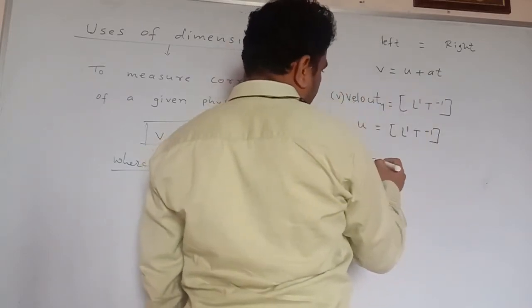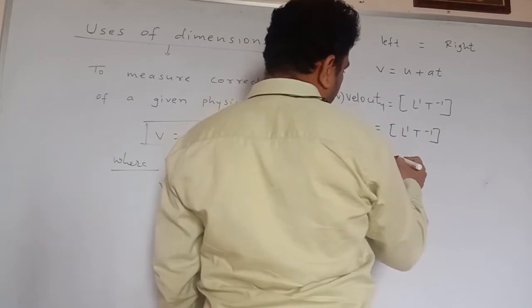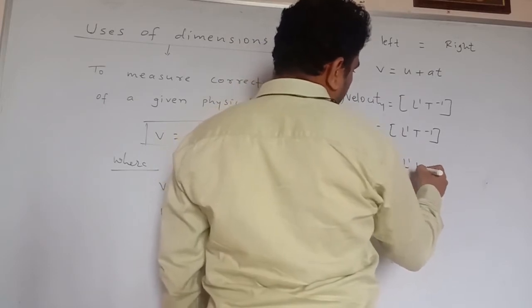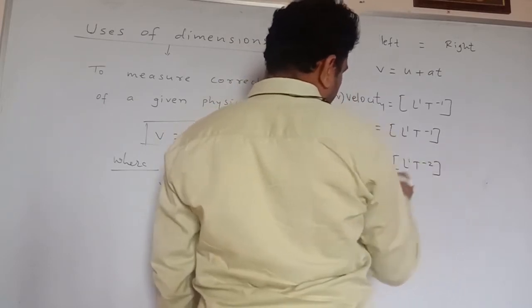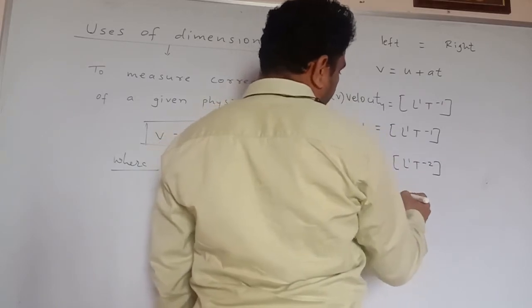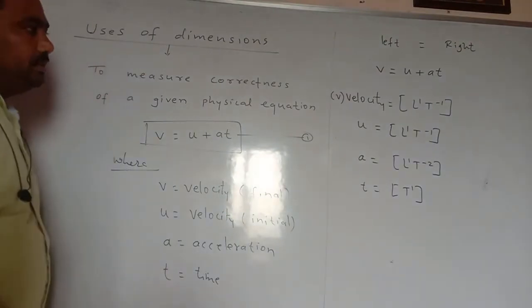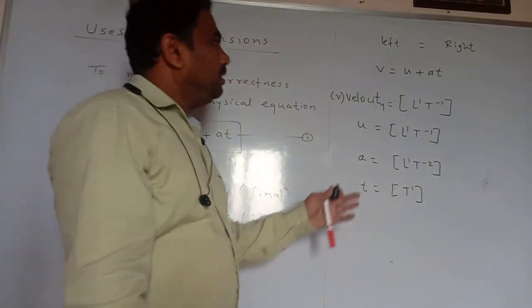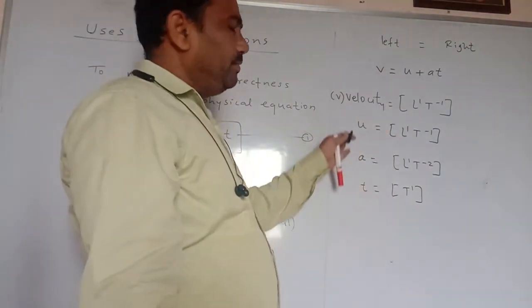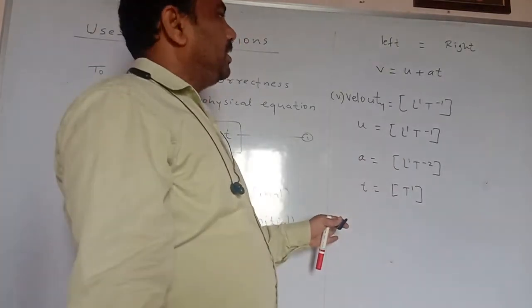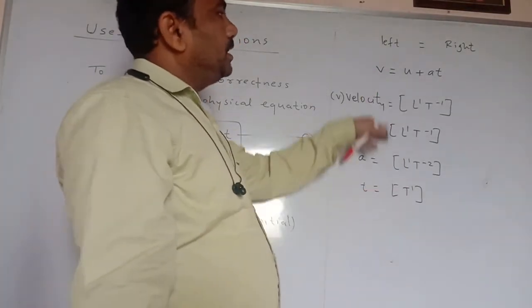Acceleration has dimension L1 t minus 2 and time means t1. Firstly you have to write all the dimensions of the given physical quantities. After that put all the dimensions in the equation.